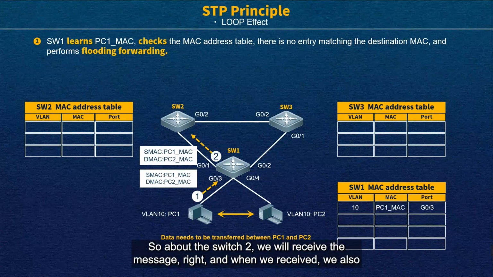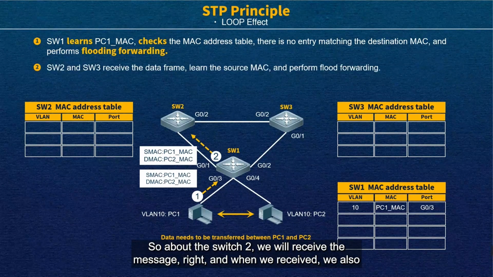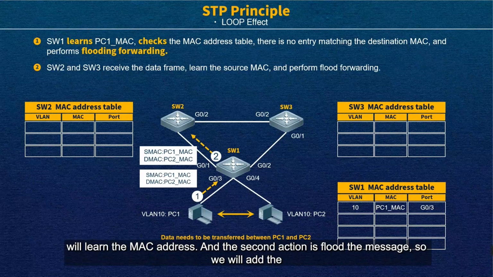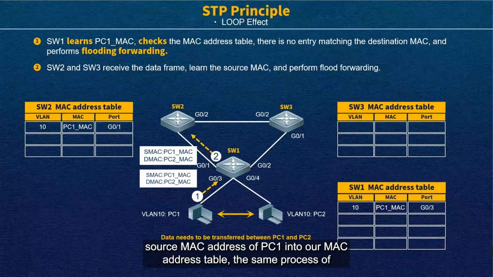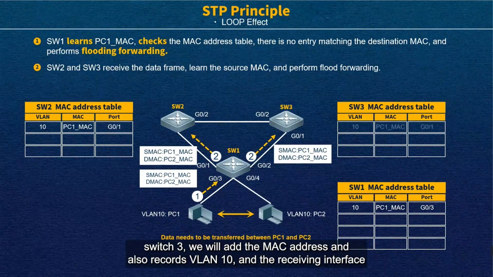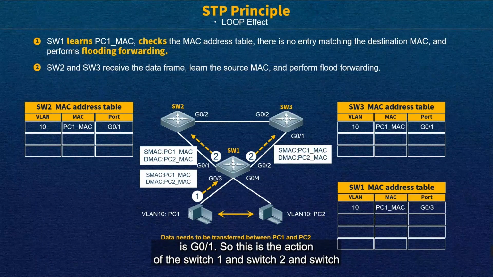So switch 2 will receive the message, right? And when we receive, we also will learn the MAC address, and the second action is flood the message. So we will add the source MAC address of PC1 into our MAC address table. The same process on switch 3, we will add the MAC address of PC1 and also record the VLAN 10. And the receiving interface is gigabit 0/1.